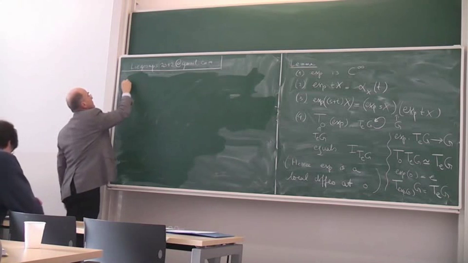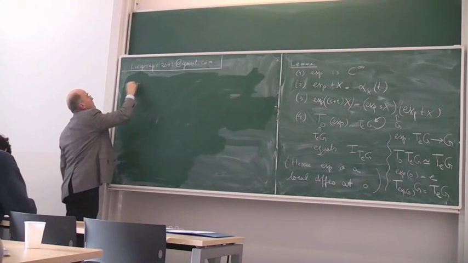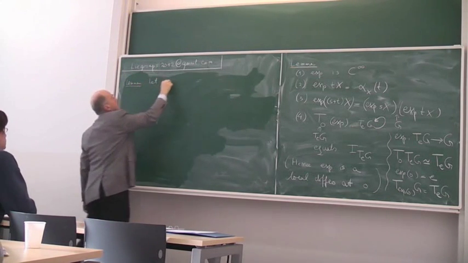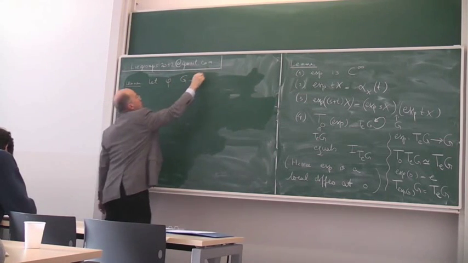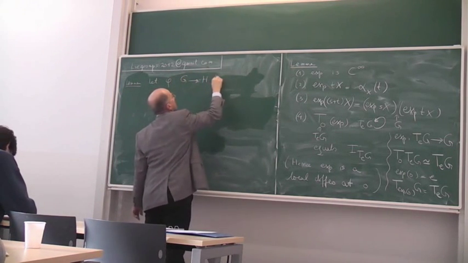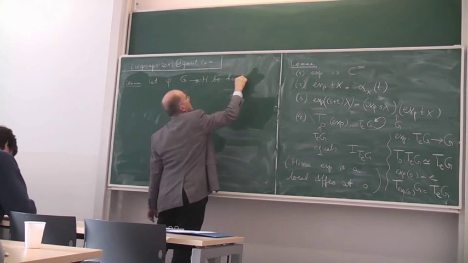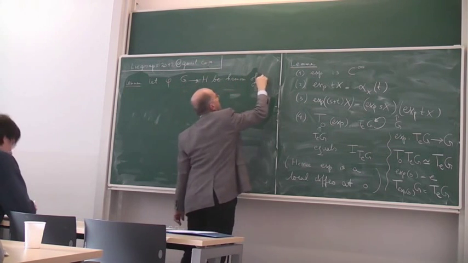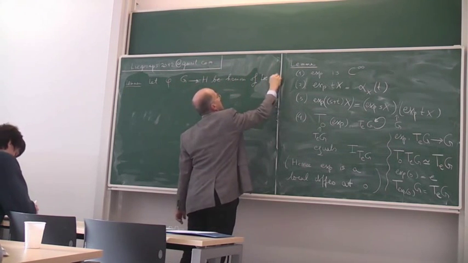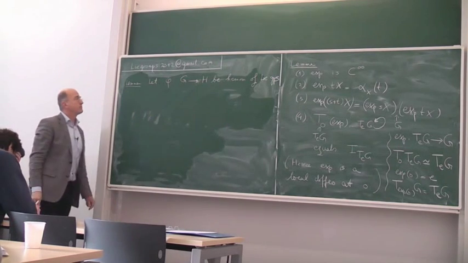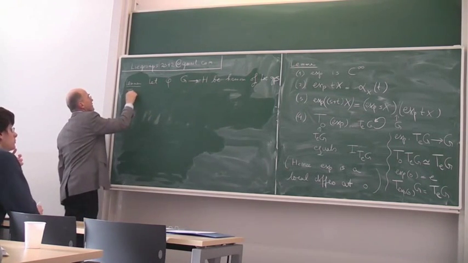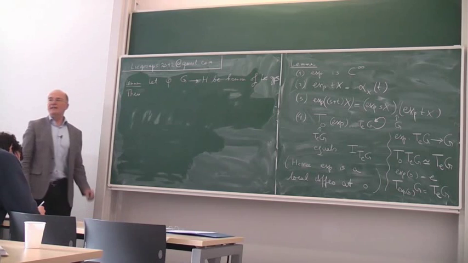Suppose that we have a homomorphism of Lie groups, phi. Then the following diagram commutes.